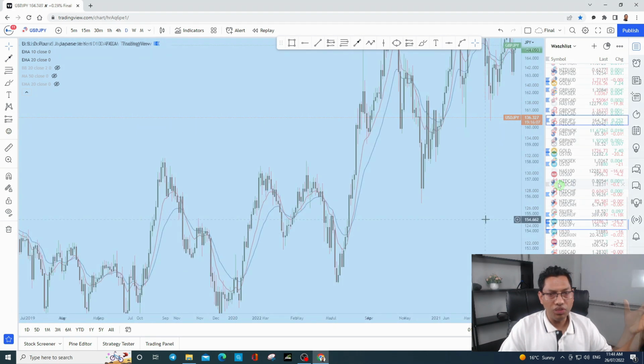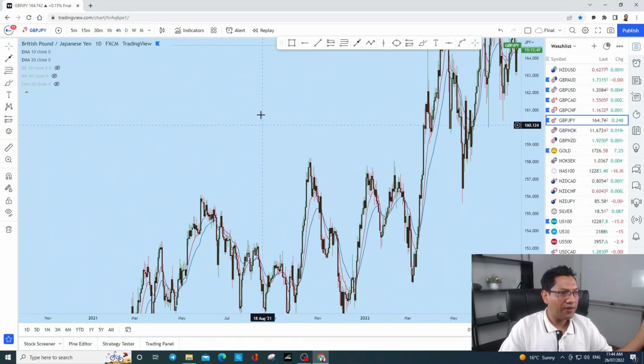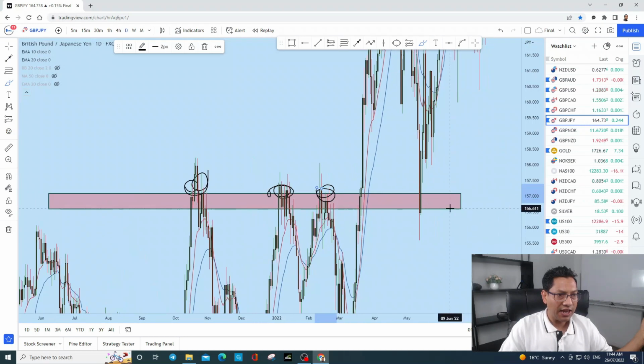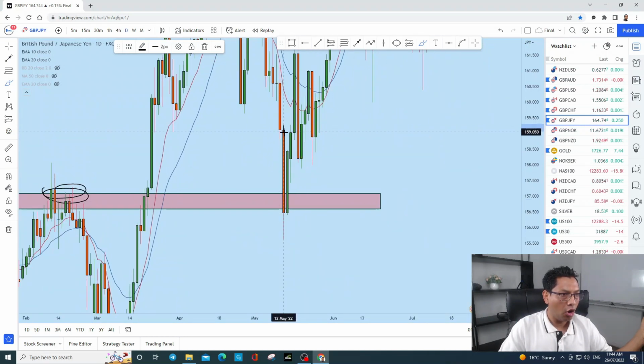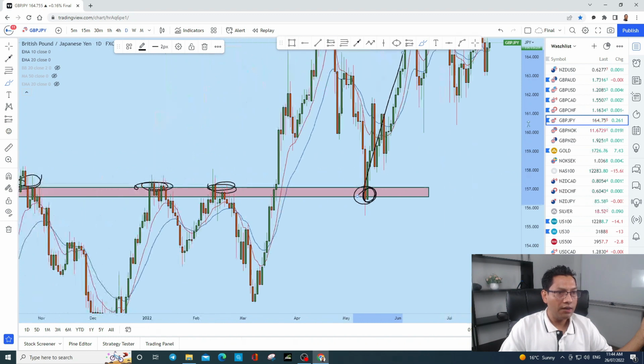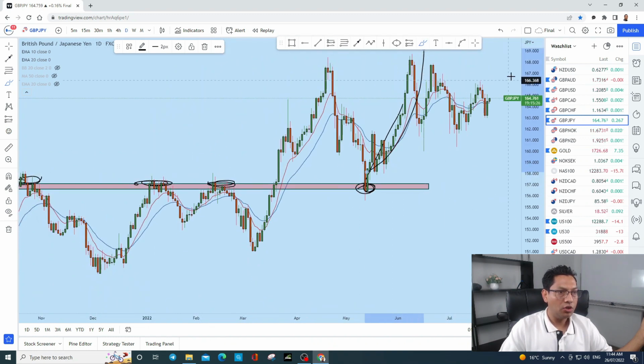You see, this is the GBP JPY daily time frame, and there is an important level of resistance. If you look at the past, this is the resistance here, resistance here, resistance here, and that resistance was hit by this big long giant red candle, and the next one immediately started to push up, and from here you see what a big move happened to the upside.